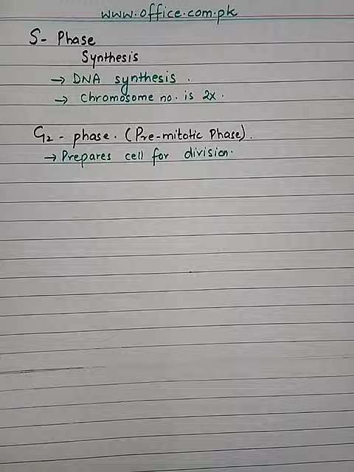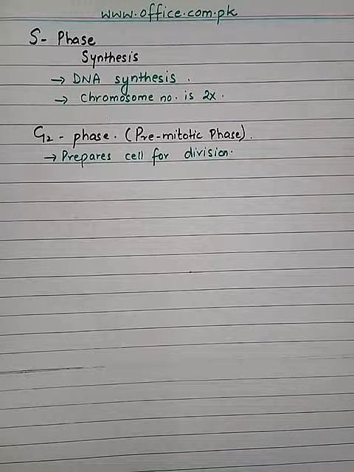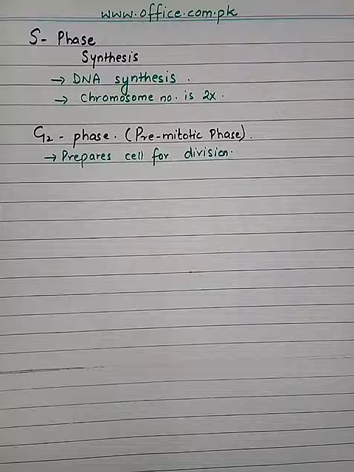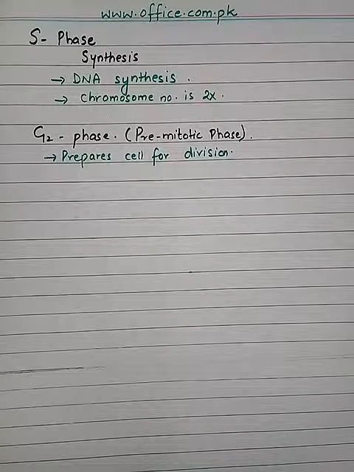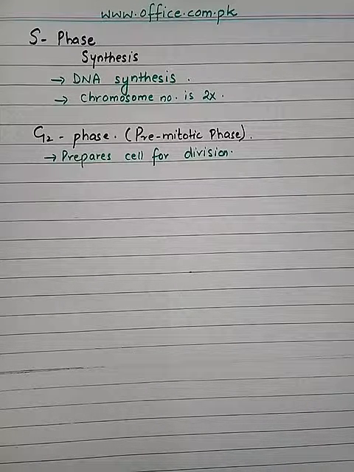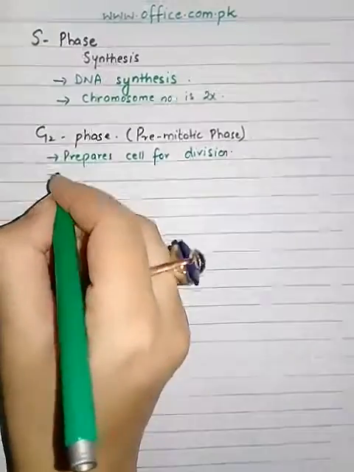What are the preparations for the cell division? The first one is the energy storage. The cell, obviously, will need energy for each and every step of the cell division. So the first step is the energy storage.